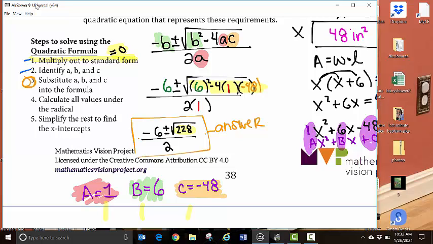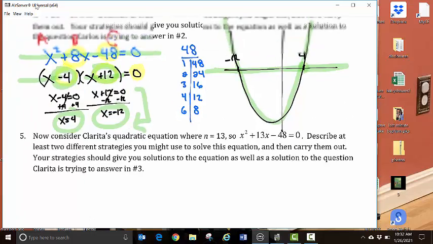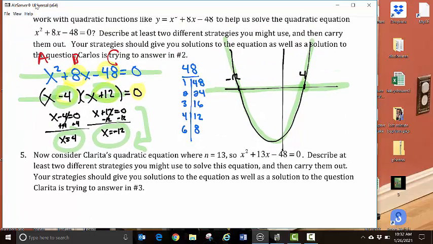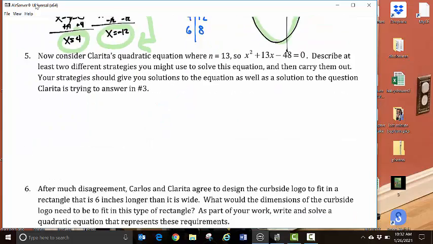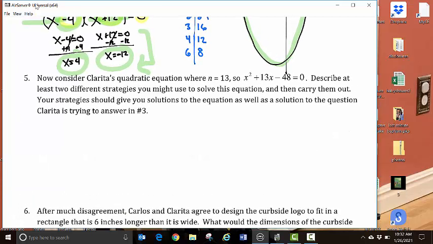So the idea is, let's go back and try this one. We did it by factoring. Let's go back, actually. Is this the one that we just did? No, yeah. We did it by factoring and solving, and what did we get our answer from?